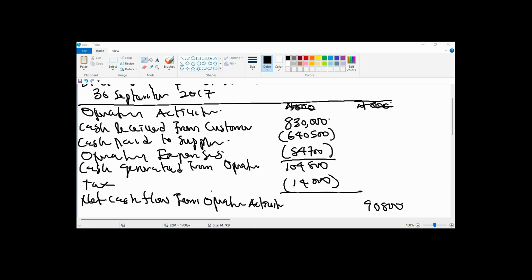You go and complete it now. You know what to complete: investing, financing. And I'll send the solution to the platform. Alaka is part of the solution. Go and look at it.